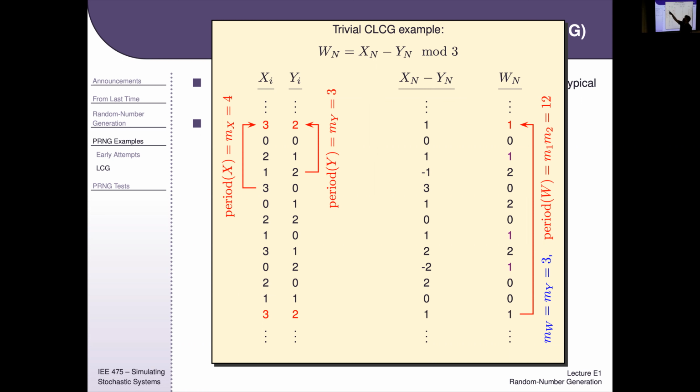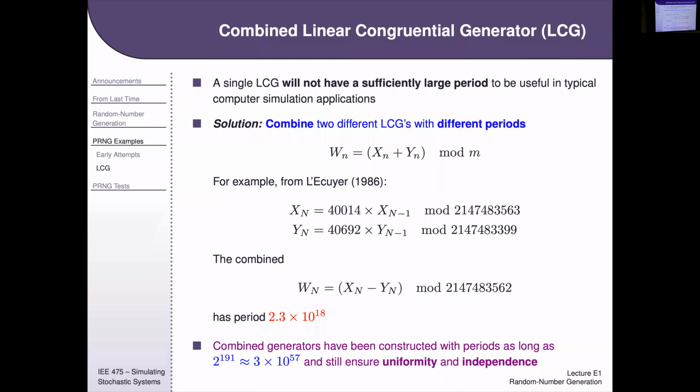It's kind of like the beat between these two. 4 times 3 gives me my 12. So combined LCGs give me much longer periods. So the thing you should know is that LCGs have all the properties we want, but they have short periods. Combined LCGs have all the properties of an LCG, but long periods. That's the takeaway that I want to make sure you've got down.